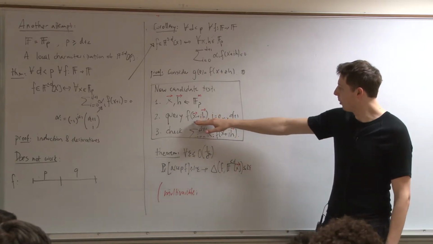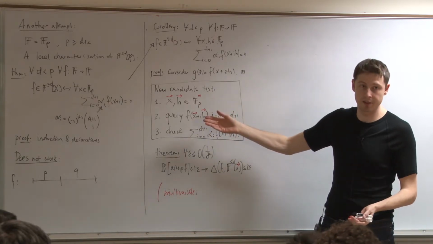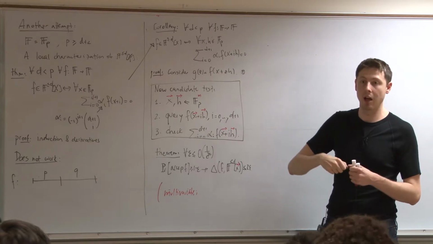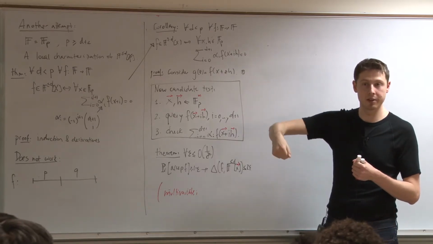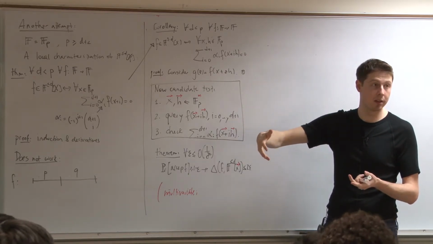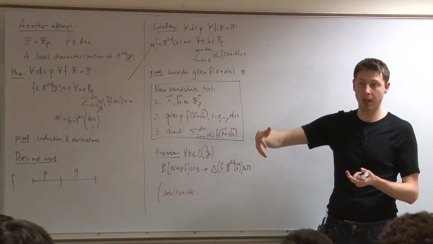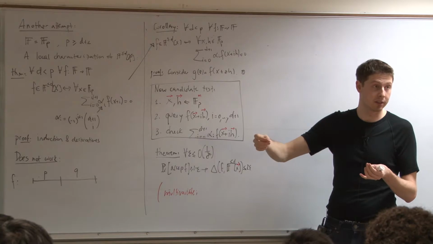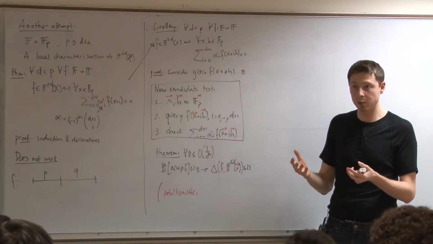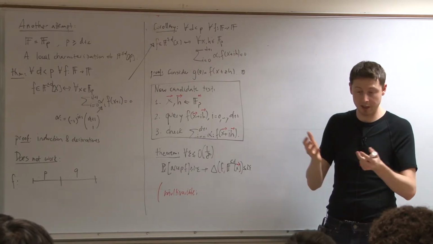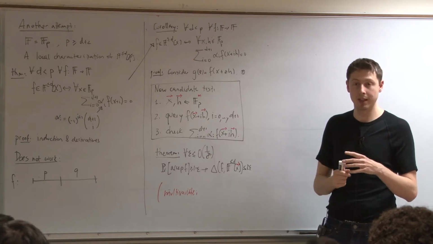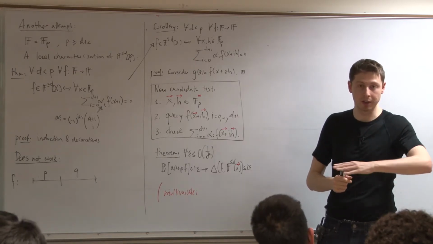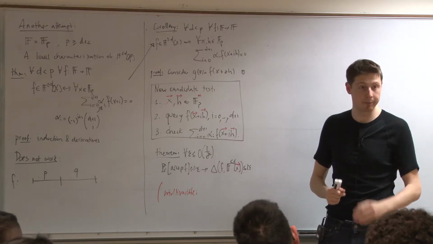So here, what we're doing is basically a random lines test. We're picking a random line in a random direction, and along this line, we're looking at steps of h apart, d plus 2 points. And we're asking, do I see a polynomial of degree d there? If the invariant function is actually a polynomial of total degree d, then whatever line I look at, I should always be seeing degree d.